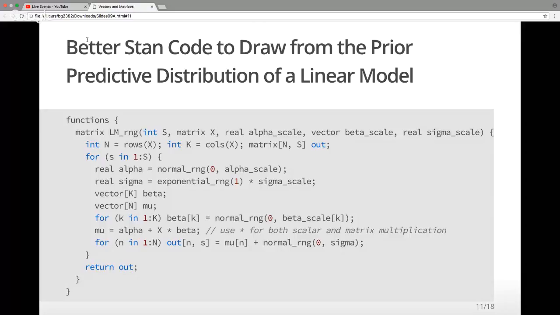And so this is really what we've done before, but now it can be done for any number of predictors that are all collected together in the design matrix X, rather than having to write a new function for your prior predictive distribution every time your number of predictors changes. This can be compiled once and called many times with different X matrices if you're interested in how the prior predictive distribution changes when you include or exclude another predictor, another interaction, etc.